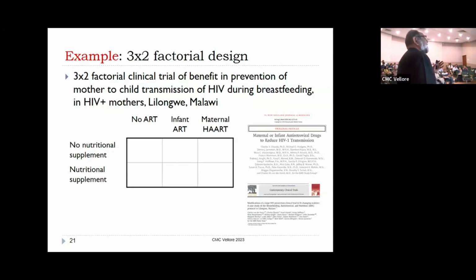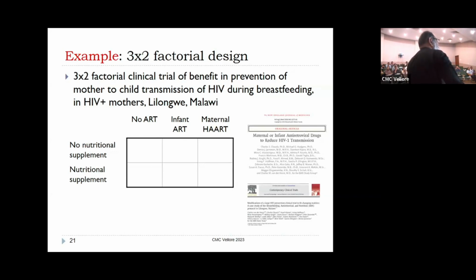Nowadays, we know. At that time, yes, you give antiretrovirals to the mother while she's pregnant, but once she gives birth, do you continue doing it to prevent mother-to-child transmission? So there was equipoise, there was no information at the time.